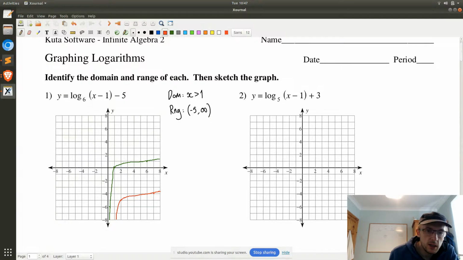So I think it looks like that. Right, but we have to check this one.